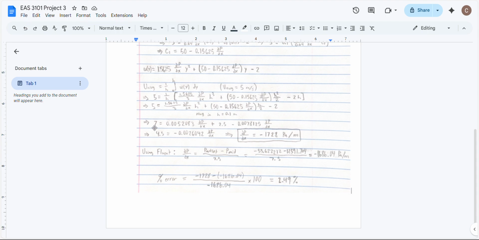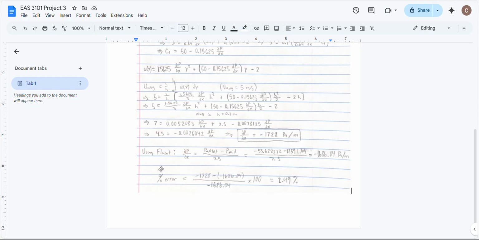We subtract 2.5 from this side, and then we can combine these like terms. 4.5 equals negative 0.0026042 dP/dx. From here, you can divide 4.5 by this value, and we're left with dP/dx, our pressure gradient, equals negative 1,728 pascals per meter.